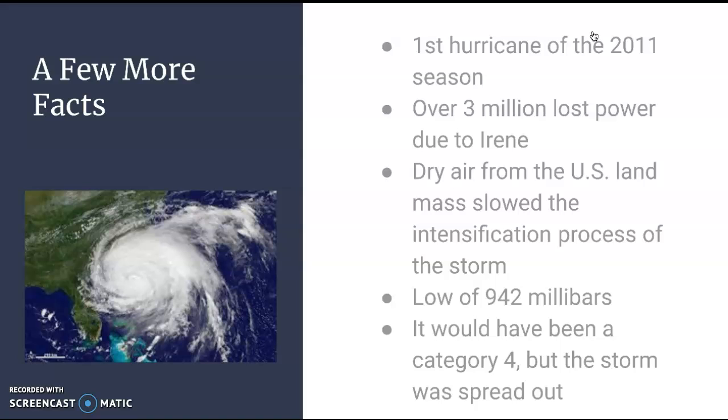The lowest pressure was 942 millibars, and then dry air from the United States landmass slowed the intensification process of the storm, which also, along with it being a very spread out hurricane, I think it talked about winds being as far as 100 miles away. It was only a category 3, but it was predicted to be category 4. But because the storm was so spread out and that land mass being right there, it was only category 3.